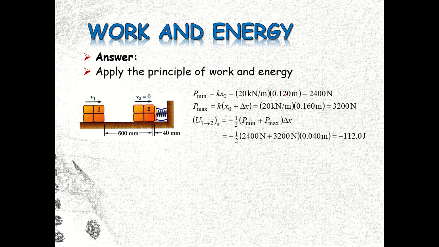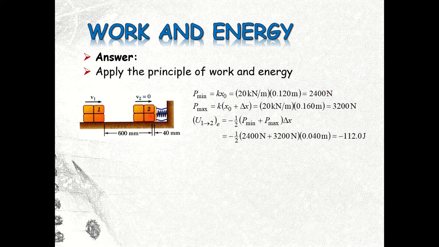As mentioned in the problem, there's an initial displacement of 120 meters. So multiplying k, which is a given constant, by x sub 0, this is the initial compression here due to the pull of the cable.